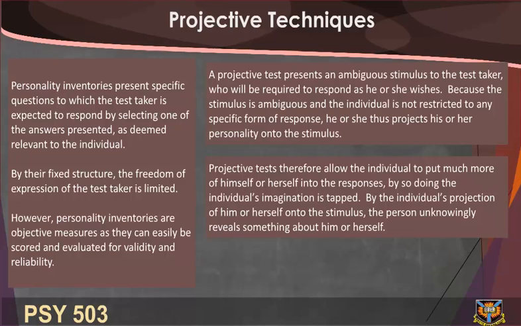Projective tests therefore allow the individual to put much more of himself or herself into the responses. By so doing, the individual's imagination is tapped. By the individual's projection of him or herself onto the stimulus, the person unknowingly reveals something about him or herself.